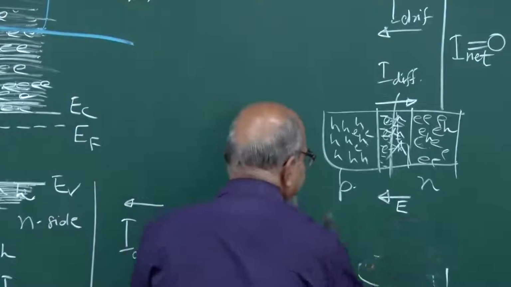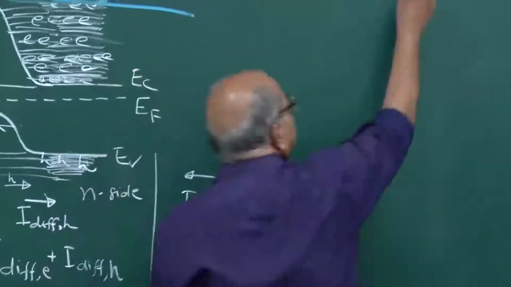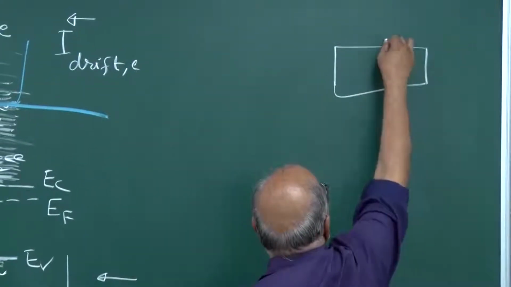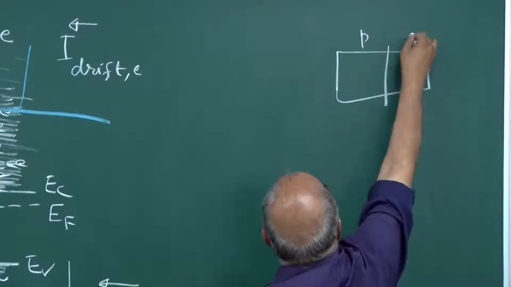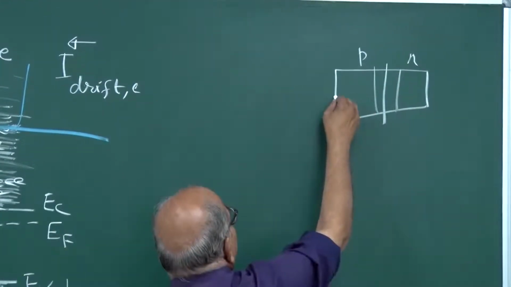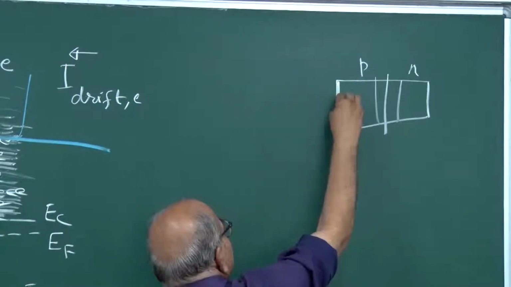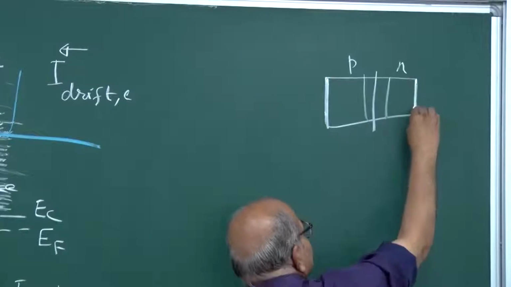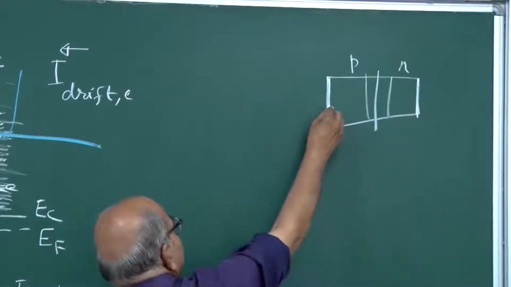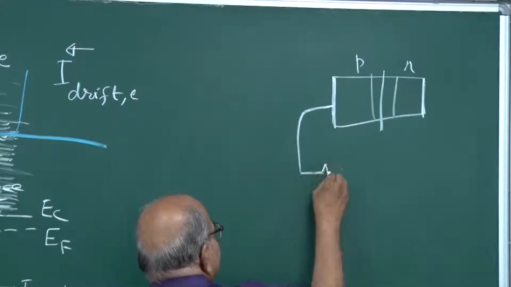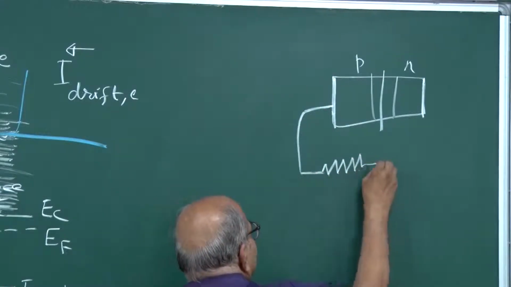Let me connect my PN junction to, here is a metallic contact, remember. Now this is important, we are going to connect it to the external world. So this is the metallic contact, and let us take a resistance and then a cell.